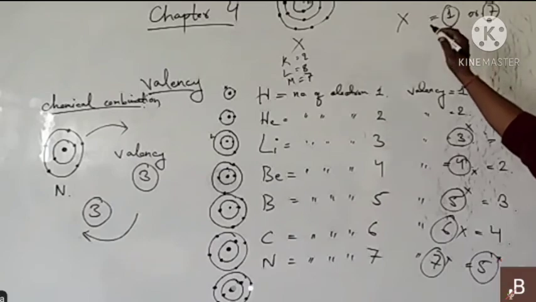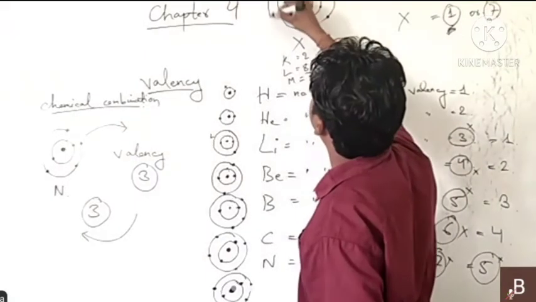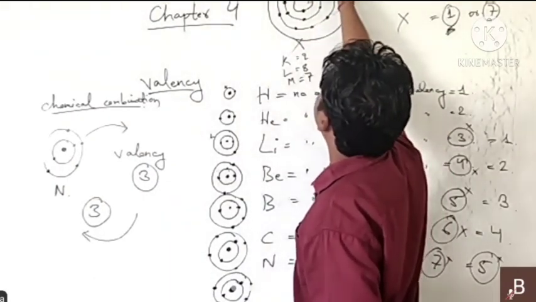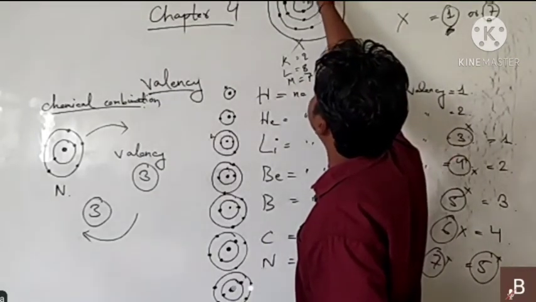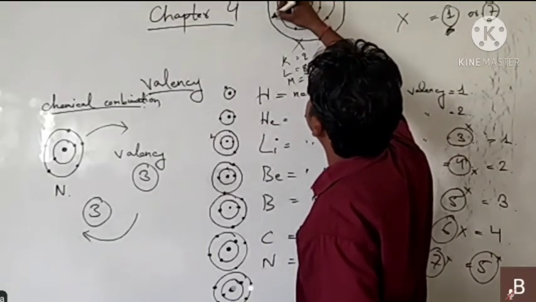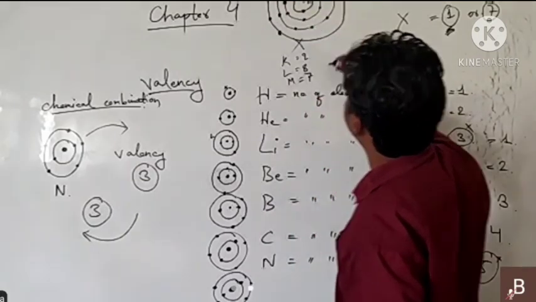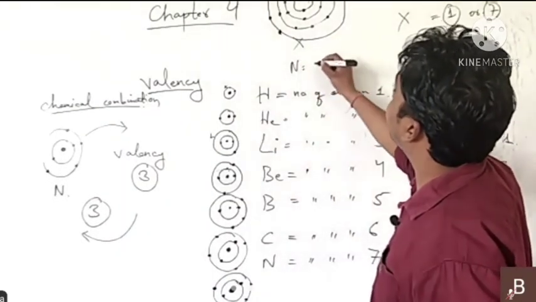But say it has again acquired one more cell, and the M cell is fulfilled, and this has 4 electrons in the outermost cell, that means in the N cell. How many electrons? 4.